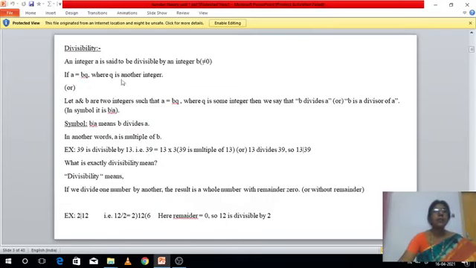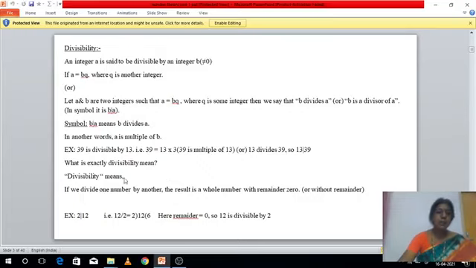Similarly, a equals bq, b divides a means a is a multiple of b. A is a multiple of b and b divides a are the same. Clearly here 39 is 13 into 3, so 39 is a multiple of 13. In other words, 13 divides 39.